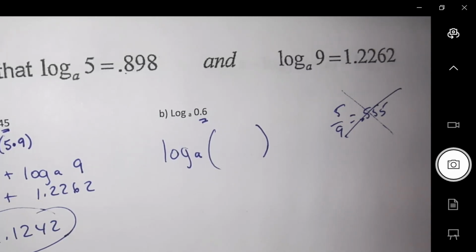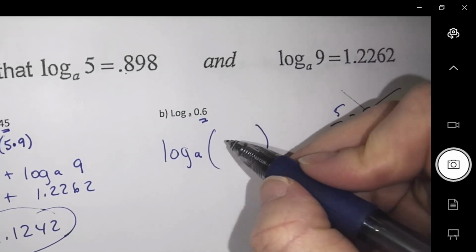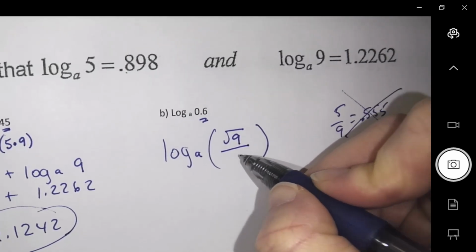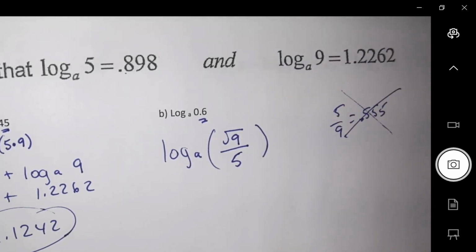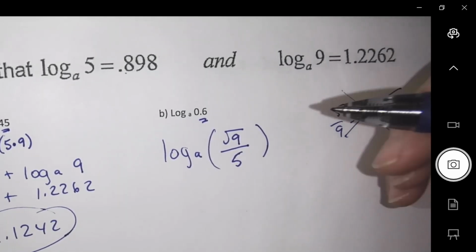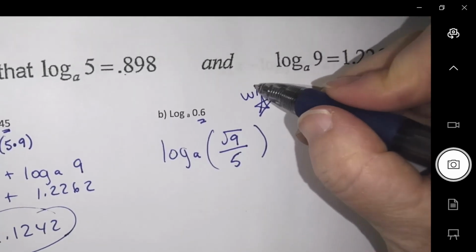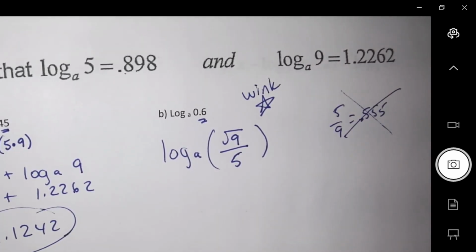Do I have to put some candy out here for what is it? Root 9 divided by 5. Okay? Star, put a wink on that, whatever you do.